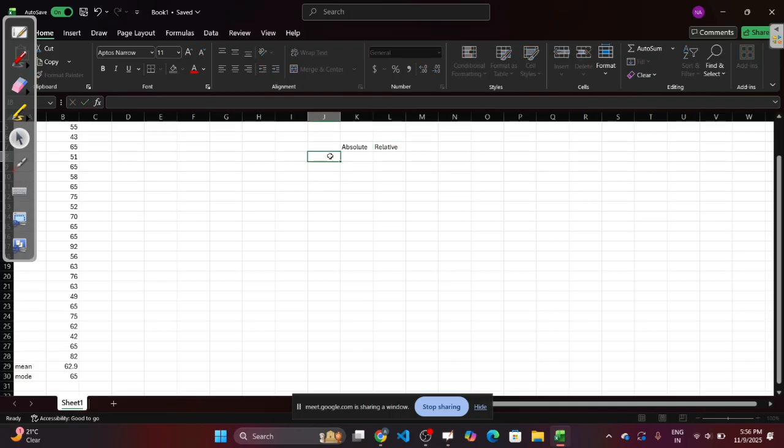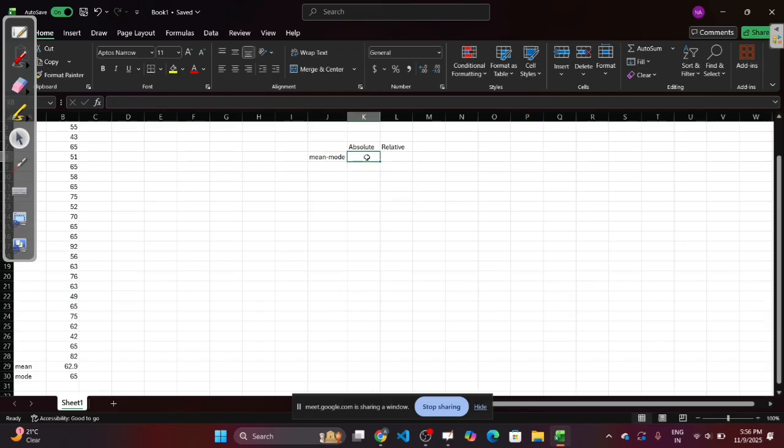So you can write here mean minus mode, right? You can put direct values or use cell referencing, it's up to you. So I am putting direct values. This is the absolute measure and relative.